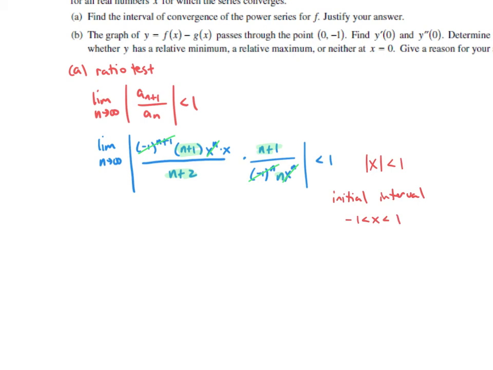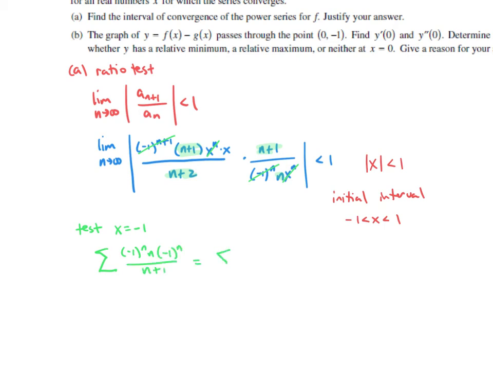So what we're going to do is test the endpoints to determine whether or not either endpoint converges. So first, let's go ahead and test x is equal to negative 1. And we're using the general term for that series for f. So if we let x equal negative 1, we have the following series.